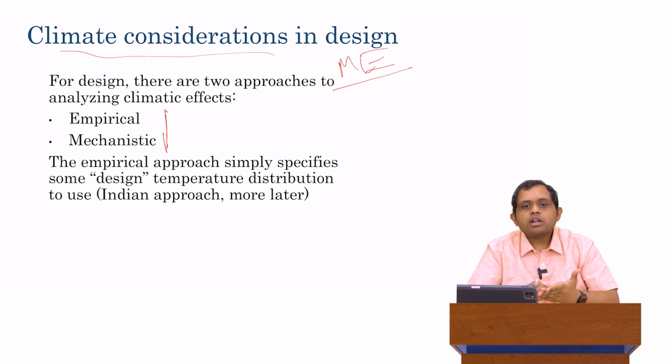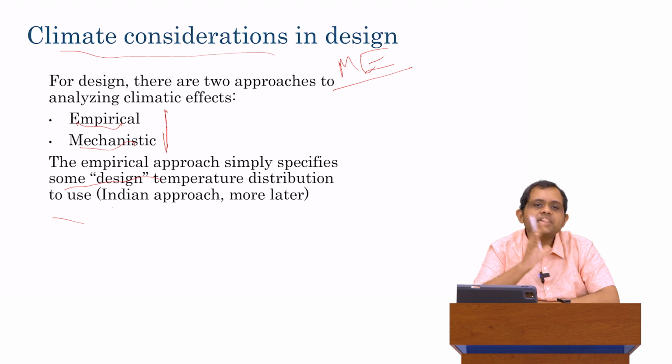So we can model this particular aspect of design still within the overall mechanistic empirical framework. We can model it either empirically or mechanistically. Now, the empirical approach is to supply some design temperature distribution, saying that in this part of the country, this is a typical temperature distribution.